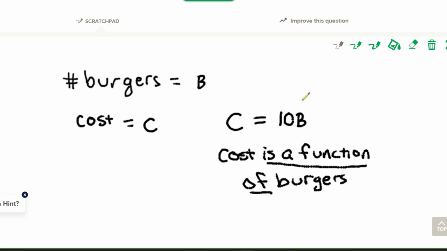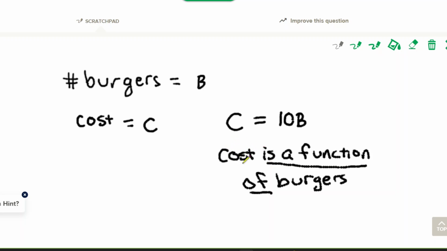When they say one quantity is a function of some other quantity, that means every value of the second quantity will give me one specific value of the first quantity. So if I say x is a function of y, that means every value of y gives me one value of x, or y is a function of x. Every value of x gives me one value of y.